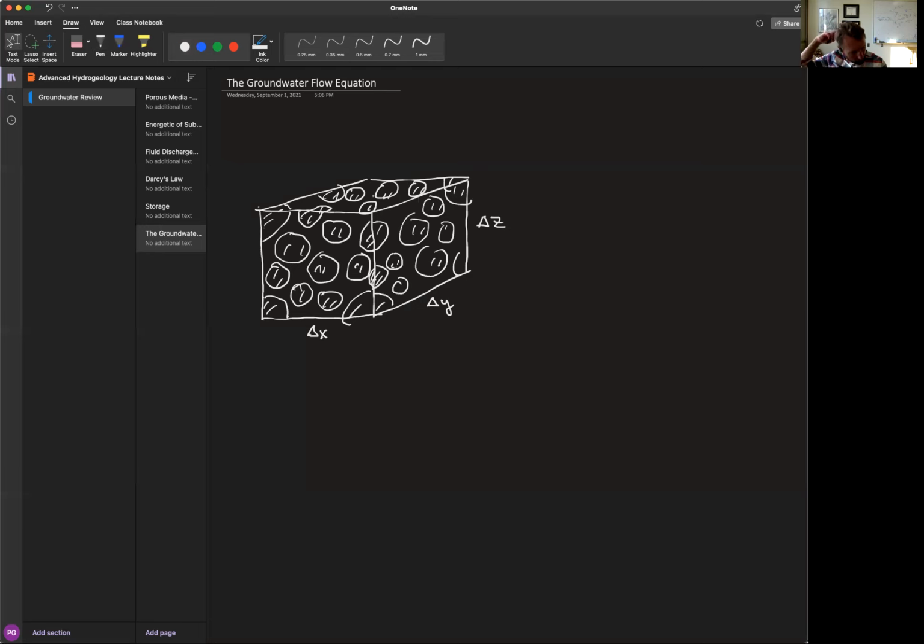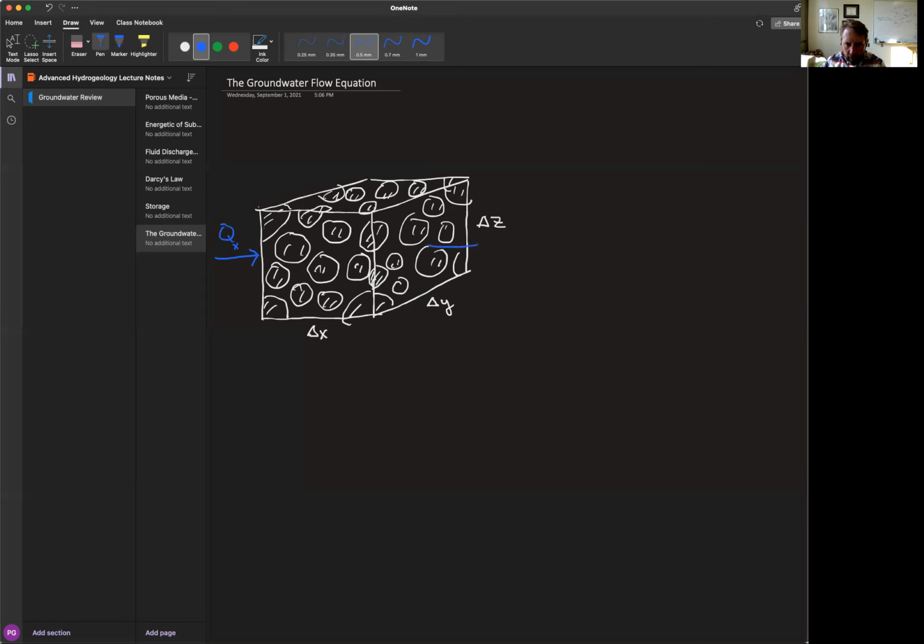Okay, so here we've got our porous media, and let's consider now the fact that we have some water entering this porous media REV in the X direction. So we're going to call this Q sub X in.